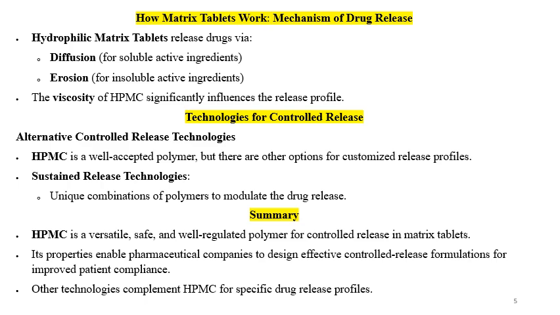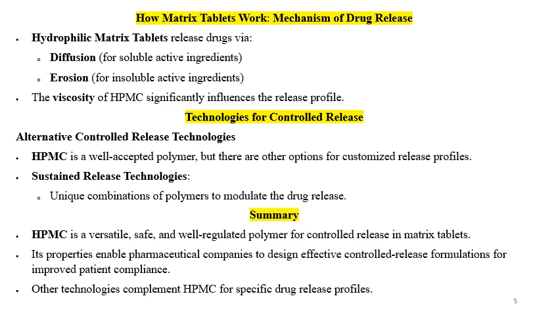The HPMC tablet is a matrix type of tablet, and when it comes in contact with the GI fluids, the surface HPMC of the tablet gets exposed to that liquid and starts swelling and forming a gel layer, and through that gel layer the drug diffuses out. So diffusion is mainly for the soluble APIs. Erosion is mainly for the insoluble type of excipients or APIs.